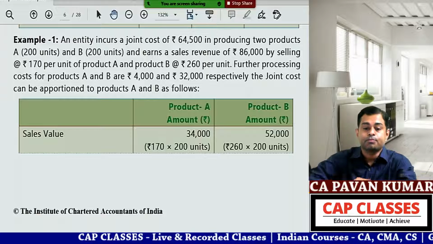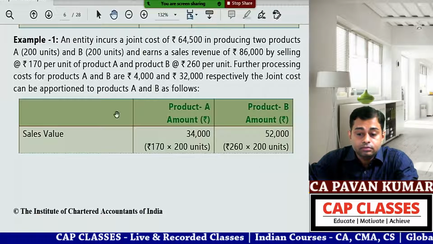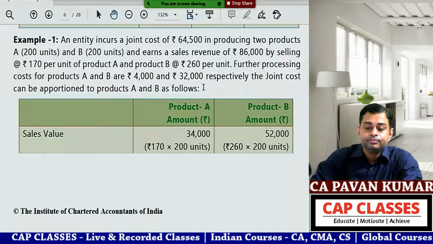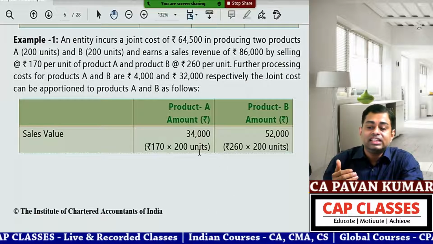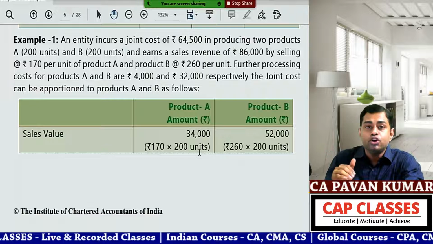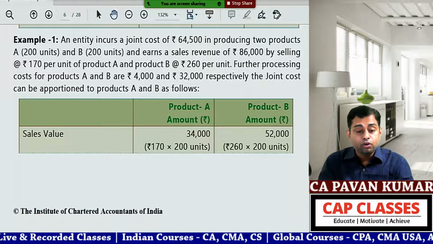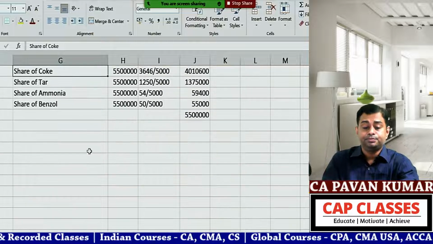Further processing cost for product A and B are 4,000 and 32,000 respectively. The joint cost can be apportioned to product A and B as follows. Because it is an example, they'll give you the question and the answer in the same body, but we have to split it. Now example 1, we'll solve it.